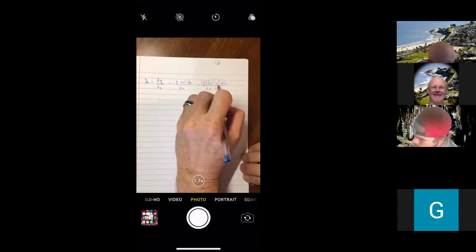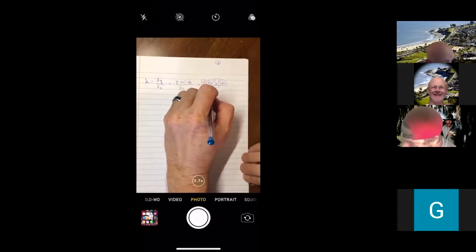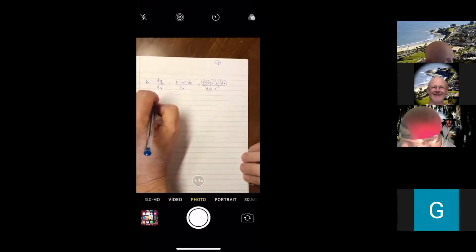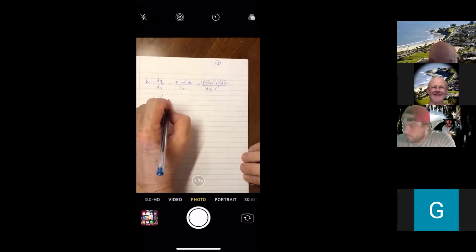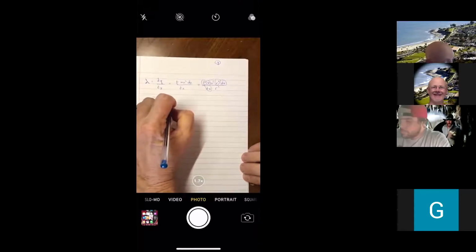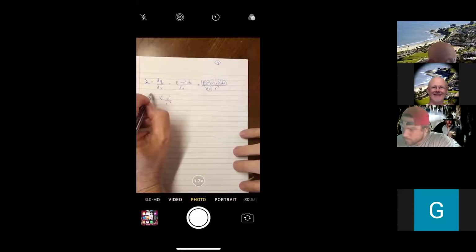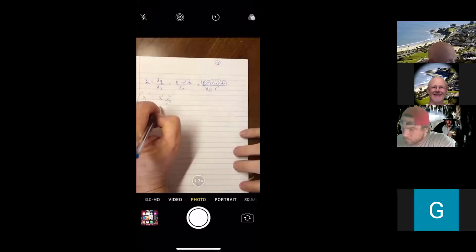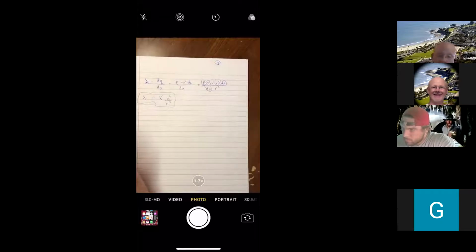All right, so these four become the charge on the dime, and then when I divide it by that, that now becomes the charge density on the dime, and then I have the a squared over the r squared. And I think maybe that was the heart of the problem that you were getting at.